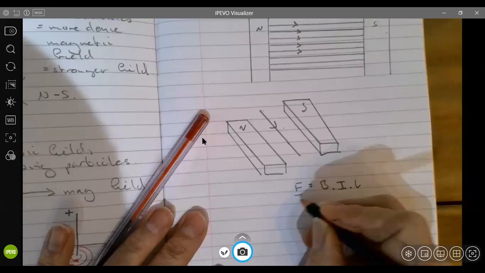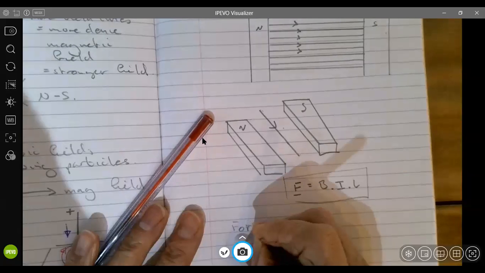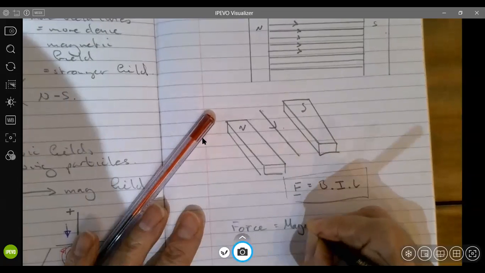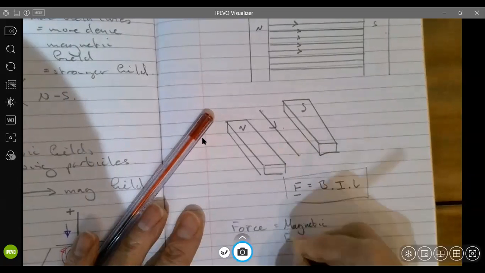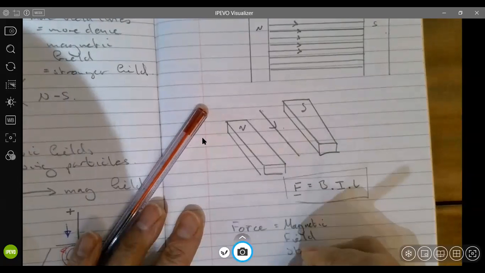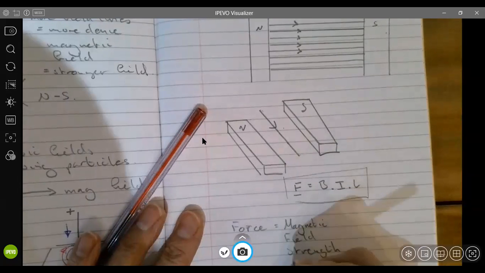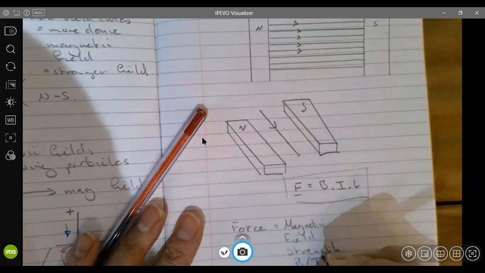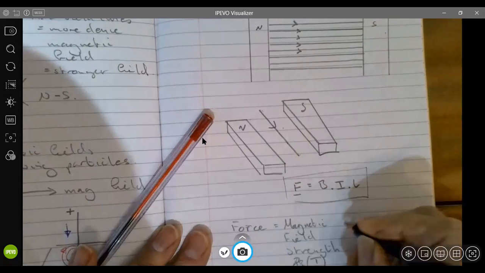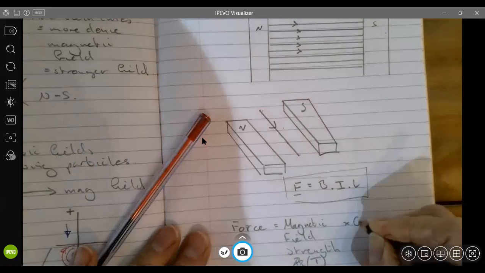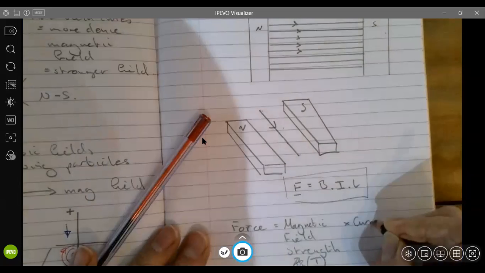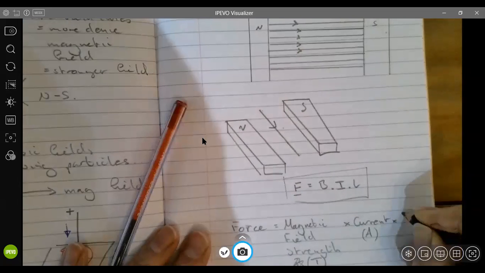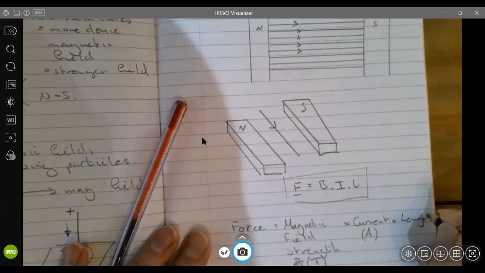You need to make a note of force. Write it out as a word equation first: force equals magnetic field strength, B in Tesla, times current in amps, times length in meters.